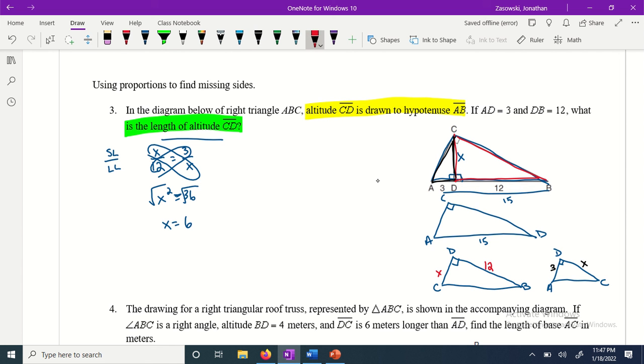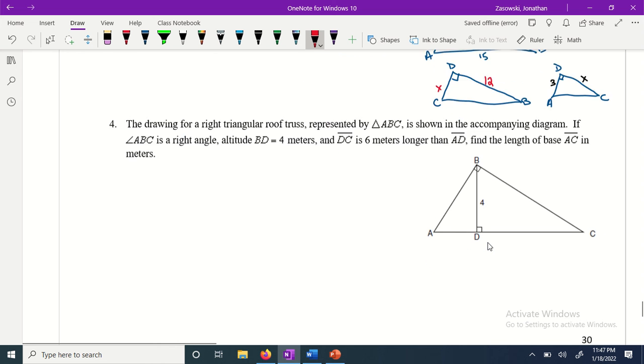What if we go small triangle, 3, over the big triangle, which is x, would equal x over 12. Does this still work? It sure does, because we're still multiplying x times x like we did here, and 3 times 12. We're still going to get 36 equals x squared. And if you did big to small, you'd still get the same thing. So you can choose to do either short leg to long leg, or big triangle to small triangle like we did before, just as long as you're creating your proportion with those corresponding sides.